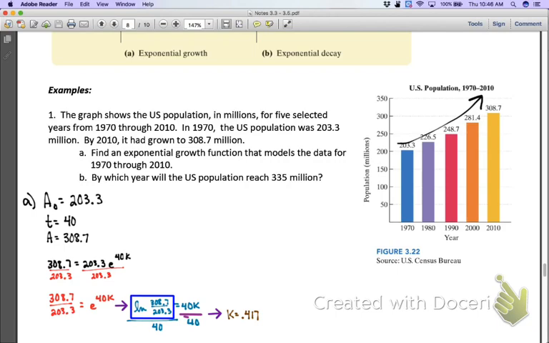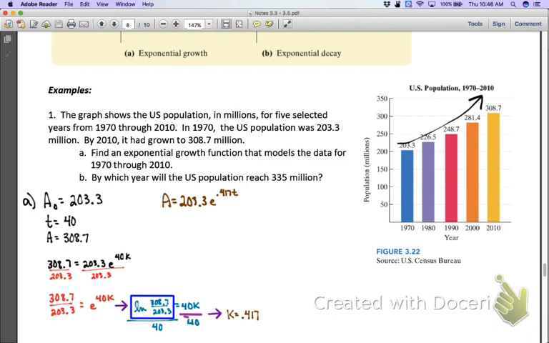So then all I'm going to do is basically just take that and plug it into my original formula. So I have to take my initial amount. If I want to find any year and what value, I'm going to take the 203.3 e to the 0.0104 t power.